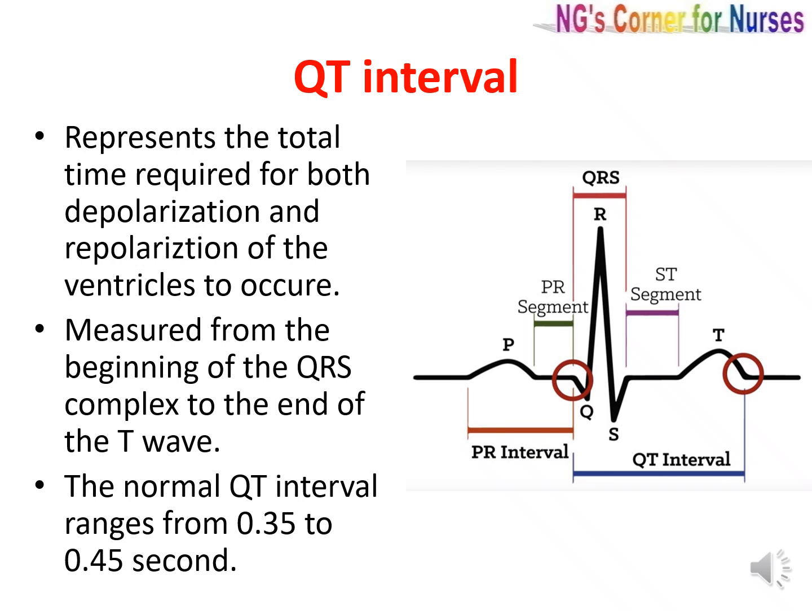The abnormal QT interval includes prolonged QT interval, which indicates prolonged ventricular repolarization or congenital prolonged QT syndrome, and short QT interval indicates digoxin toxicity and hypercalcemia.